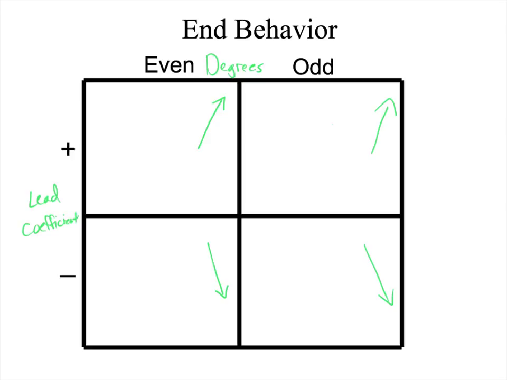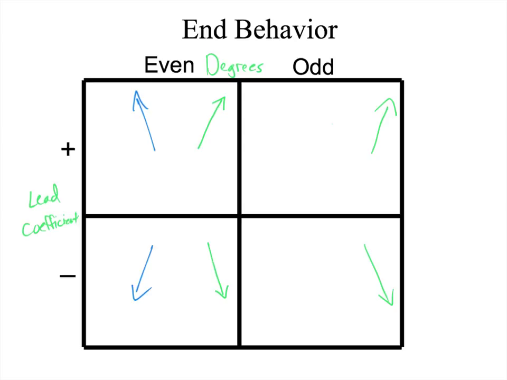So for a parabola, or an x squared, or any even power, won't the edges both go up, or won't they both go down? So for any even power, if the a value, the value in front, is positive, both edges go up. But on a negative even power, both edges go down.